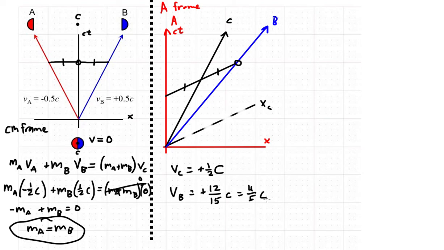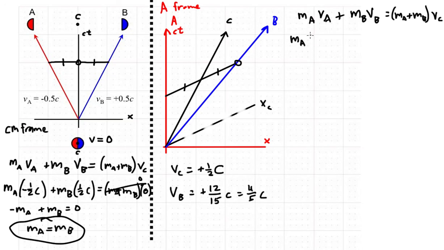Now, what does this tell us about the masses of A and B? We have to use the same equation for the center mass. This is the center mass location velocity equation: MAVA plus MBVB equals (MA plus MB) times VC. We don't know MA, we don't know MB.